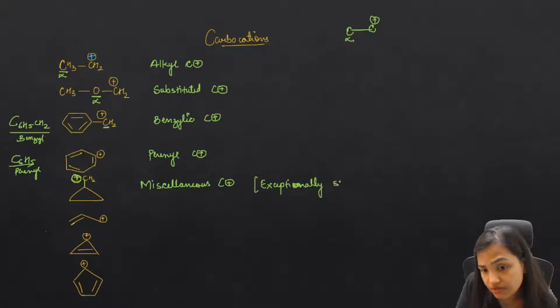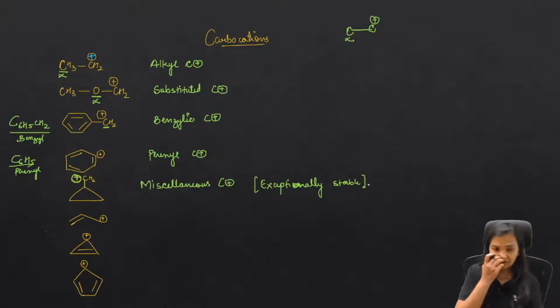Exceptionally very stable. Many of you have heard about a kind of dancing resonance. Dancing resonance is nothing as such, but still, what is the criteria by which this carbocation is exceptionally stable, I will be discussing all about it.